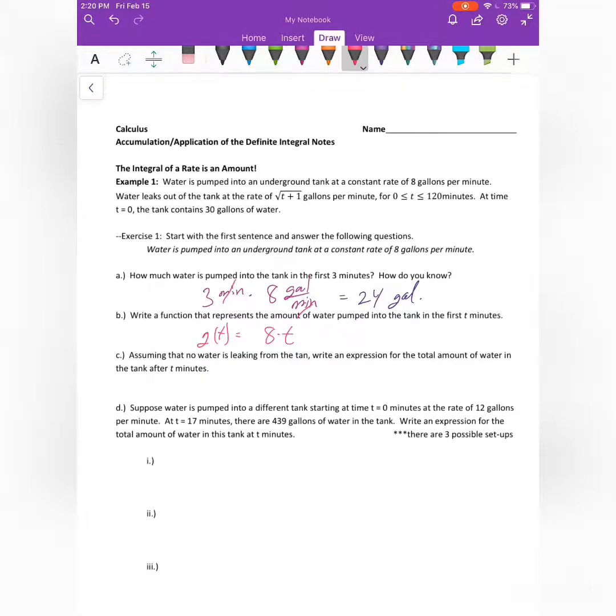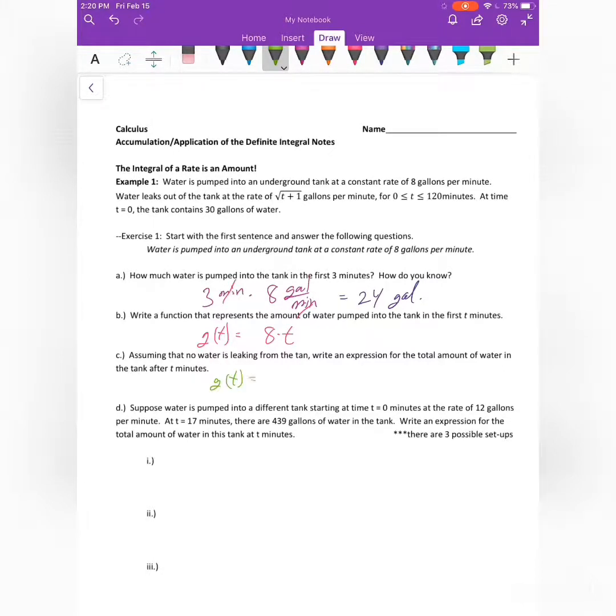Part C, assuming that no water is leaking out from the tank, write an expression for the total amount of water in the tank after T minutes. So we already have an expression that tells us how much water was pumped into the tank. The only other thing that we need to take into consideration is that there were 30 gallons to start.